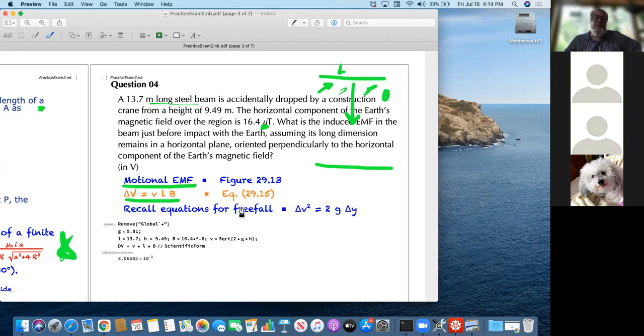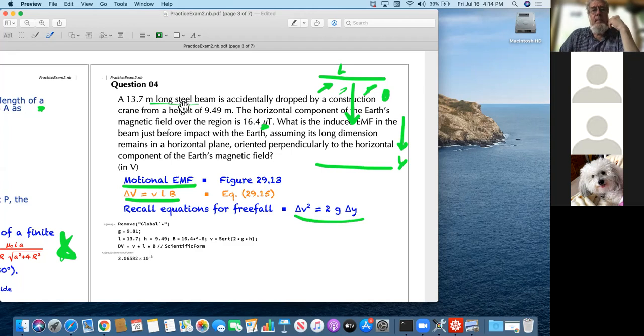So you have to think back to an equation from physics 183, the equation for free fall. There are several equations for free fall. This one relates velocity and distance. So as it's falling down along the y direction, the change in v squared is 2 times the acceleration due to gravity times the distance, delta y. That would be the height here, the 9.49.